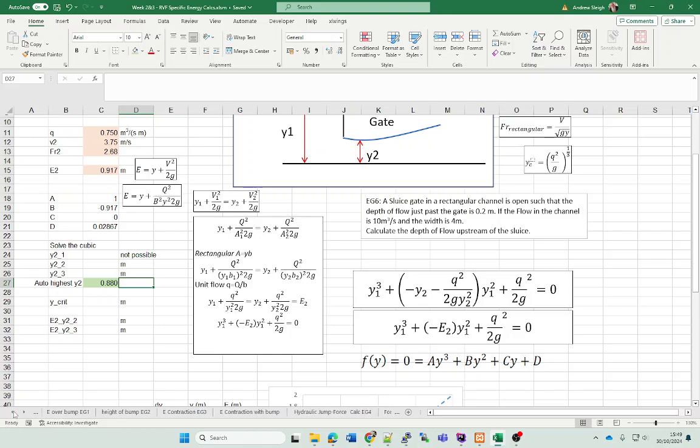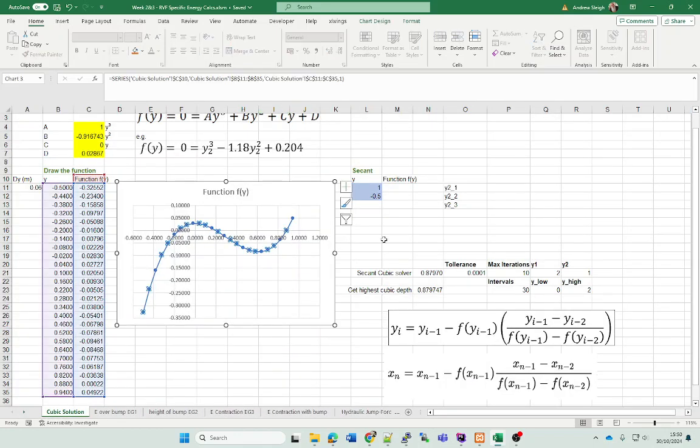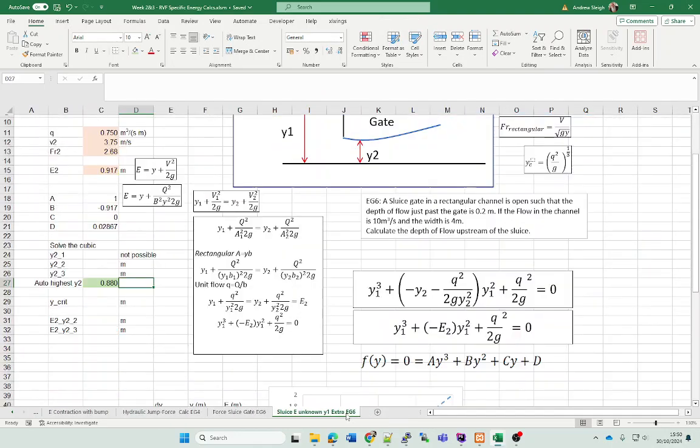Let's go back to our graph. Yeah, 0.88 is about where we'd expect it to be. Okay. Y crit, do a calculation for Y crit. In fact, that's the answer: calculate the depth of flow upstream. It's this 0.88. Let's do some calculations to check a few of the things.